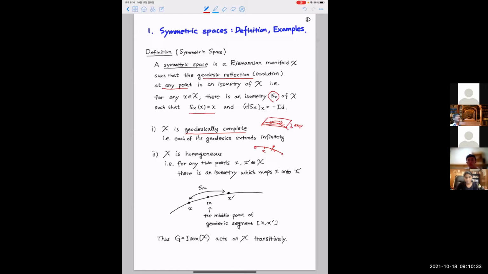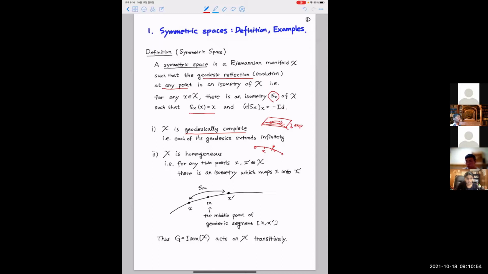And second, the symmetric space is a homogeneous space. That means that for any two points X and X prime, there is an isometry which maps X to X prime. This also easily follows from the definition of symmetric space.